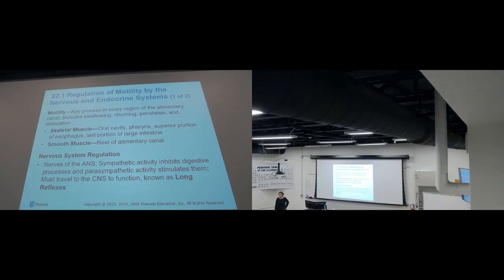They are active at the same time, but one will be more active than the other depending on how much food content you have within the alimentary canal. Both of them connect into the CNS and form part of the control system that we know as long reflex, while the ENS provides short reflexes that control the movement.